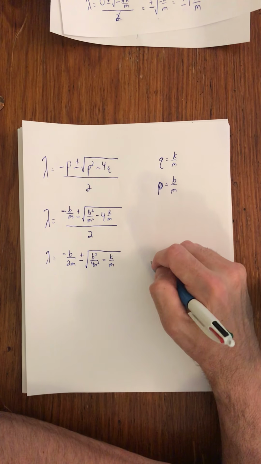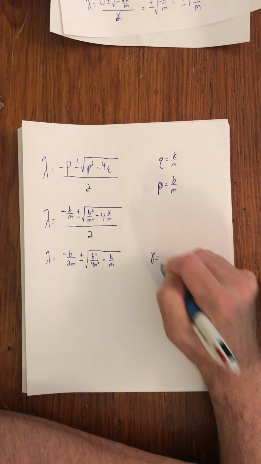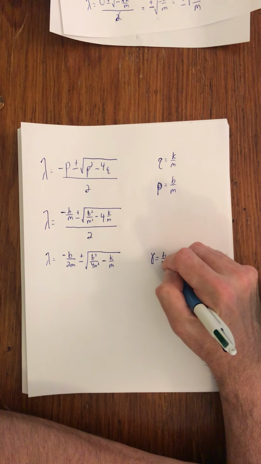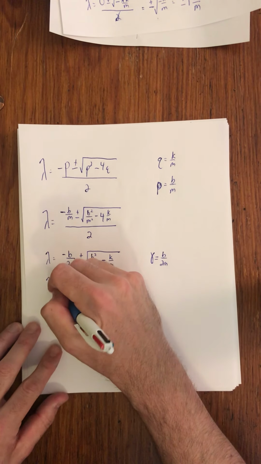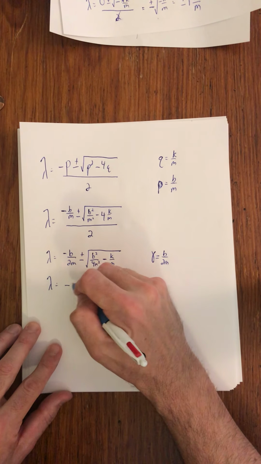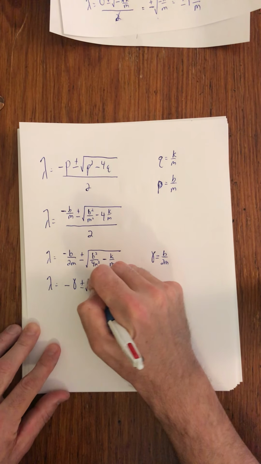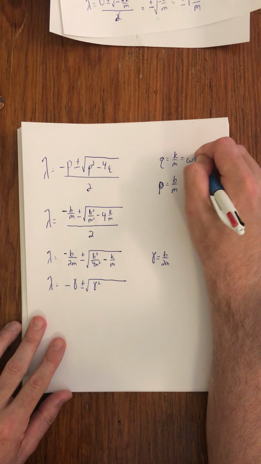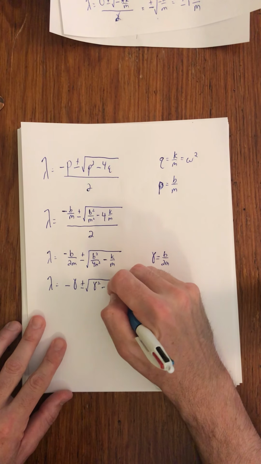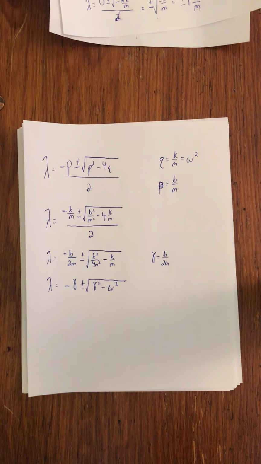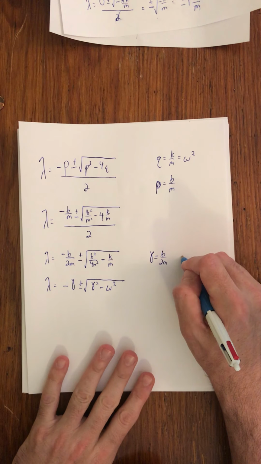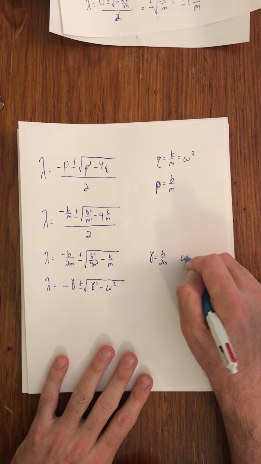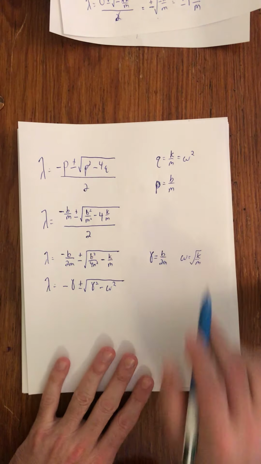If I make something, let's just call it gamma, equal to b over 2m, then I could just make this nice and simply negative gamma plus or minus the square root of gamma squared minus... Now we already know k over m is equal to omega squared for the simple harmonic oscillator. I've got this nice simple term there. Well, it's not really simple, it looks a lot better. But now what we can do here is the following. So let me just write this here, that omega is equal to the square root of k over m, gamma is equal to b over 2m.